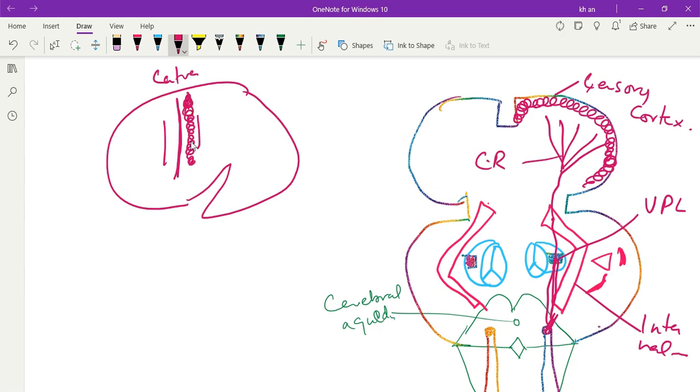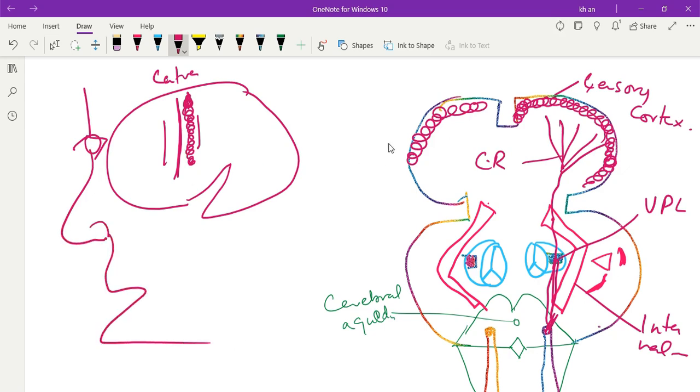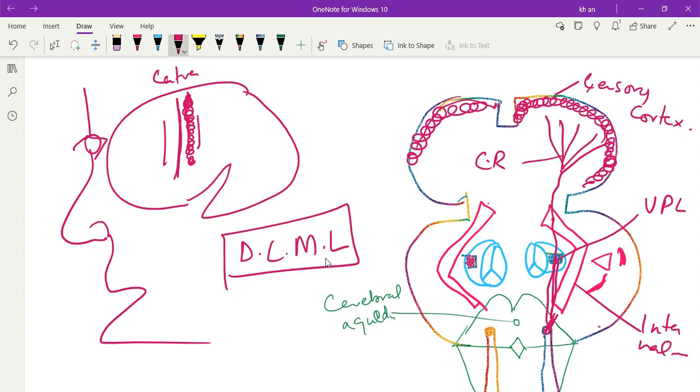This one which I made is the same one here. This is the eyes of the person, this is the nose, and this is the mouth. From here, this goes to the center of the brain. So this was the dorsal column medial lemniscal system. That's it.